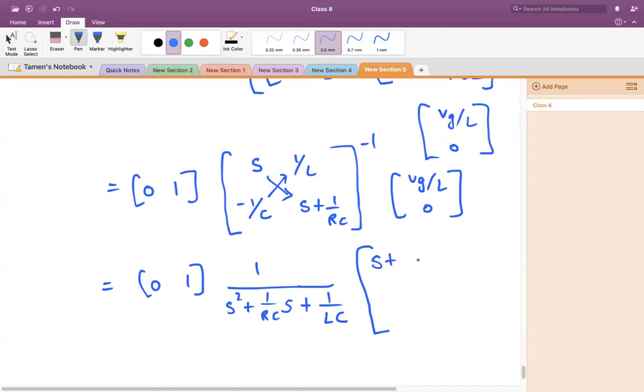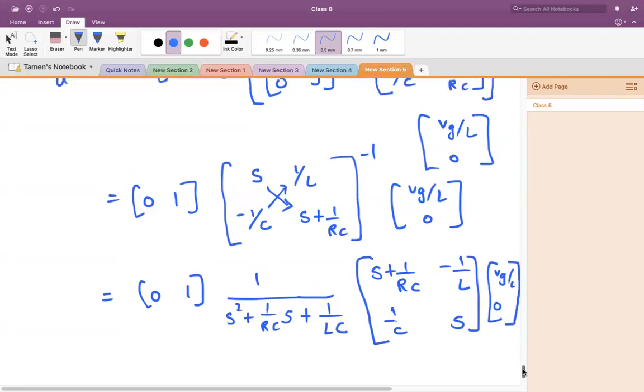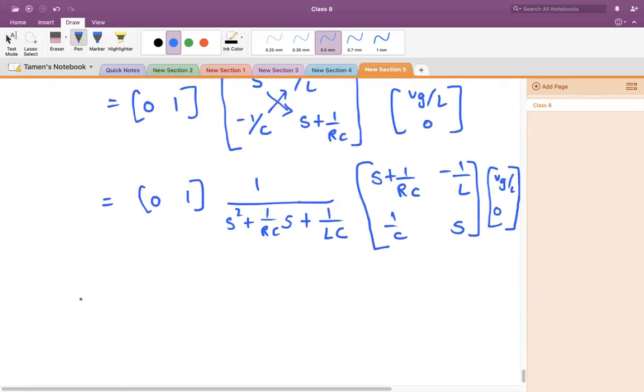So it will be this one, next multiplied by this. Now directly we will multiply. First this will multiply with this. Matrix multiplication directly.